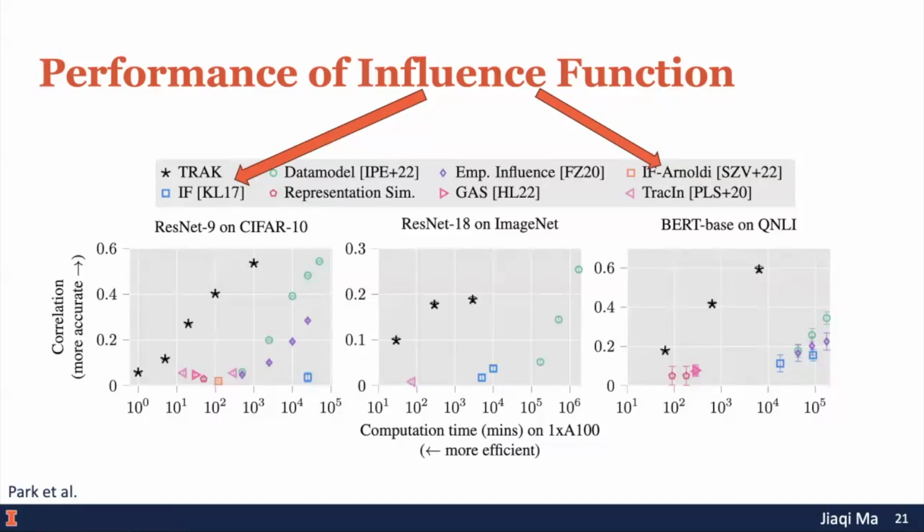And the green dots in this plot are the linear data model in the previous work we just talked about. So the y-axis is the rank correlation, the higher the better. We can see that in comparison to the linear data models, the influence functions are performing much worse in terms of this rank correlation, right?